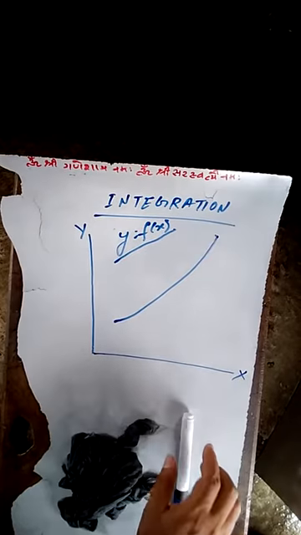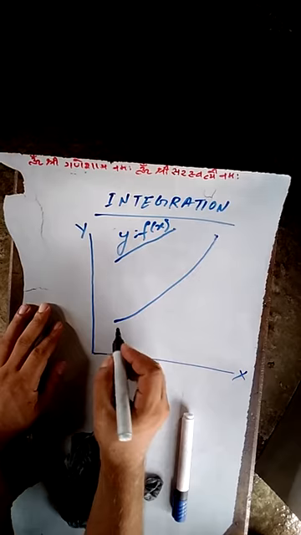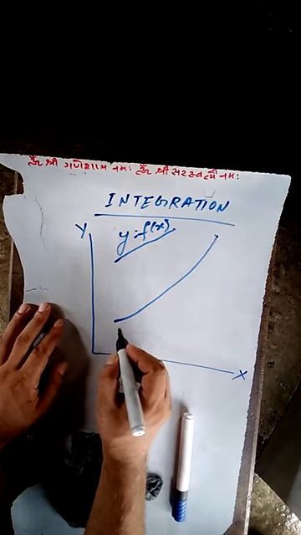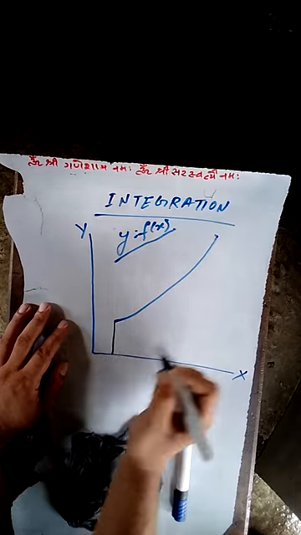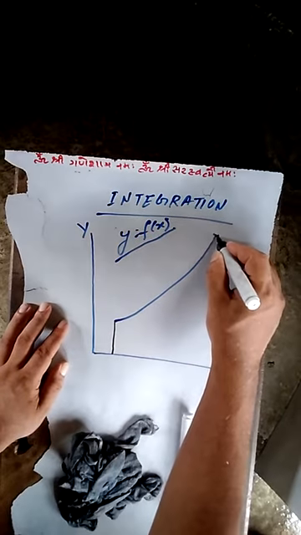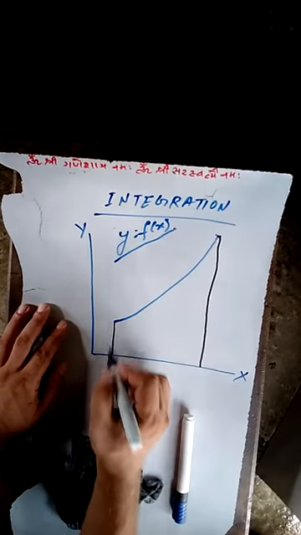So what is the area under the curve? It means the area it makes under this curve is this. We draw verticals.